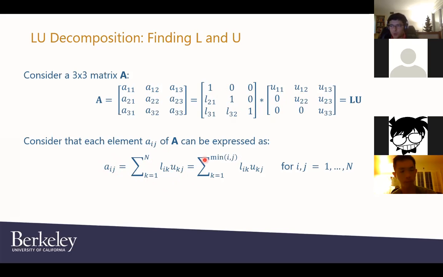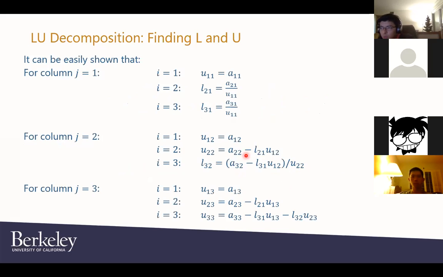You dot multiply those, and that gives you the original aij, so whatever value you had in the original matrix. So we basically solve for each of those.